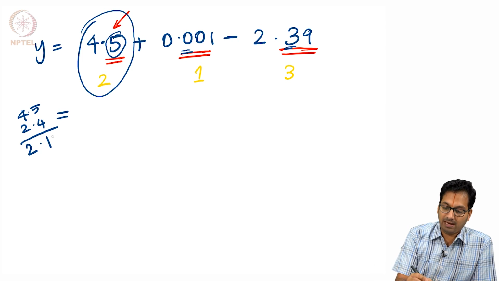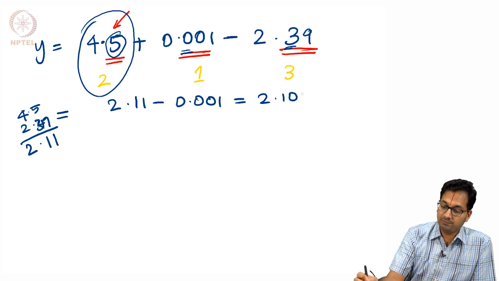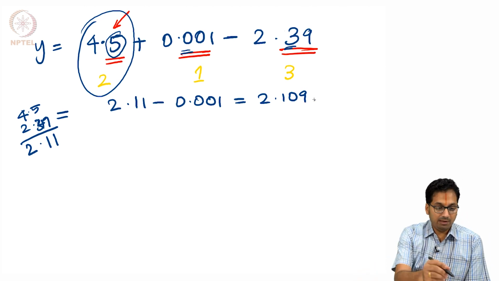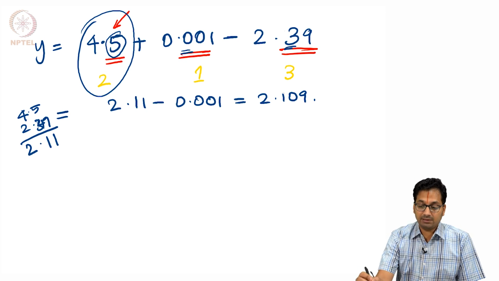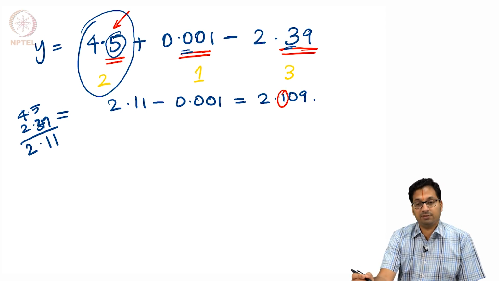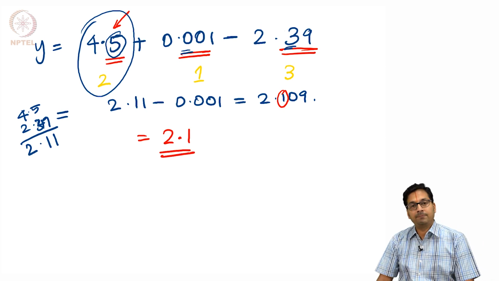Of course, we have to add one more to it, so it's going to be 2.11 minus 0.001, which is going to be 2.109. So if you are able to realize, this is the answer that we get out of this arithmetic, but since the uncertainty is associated with the first digit, one has to express this value as 2.1.